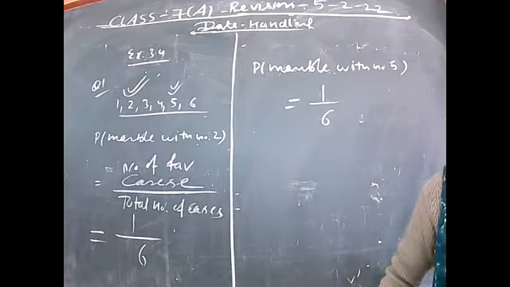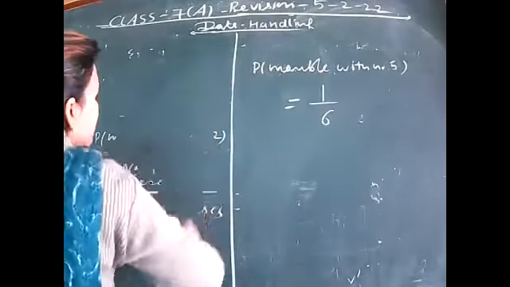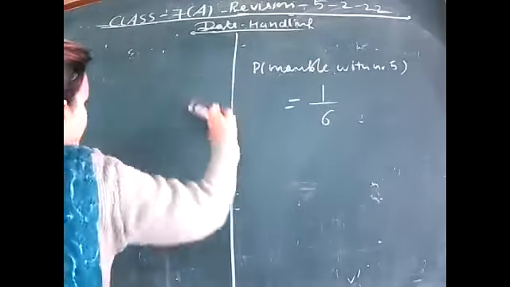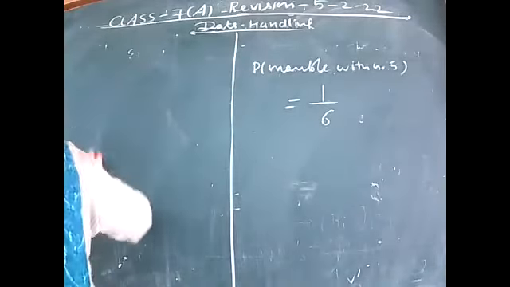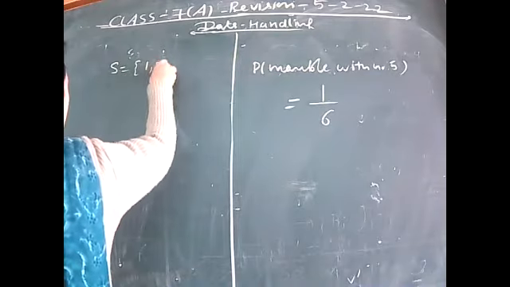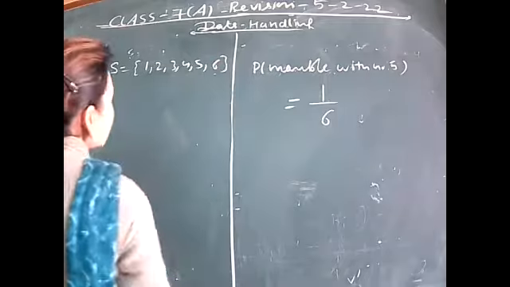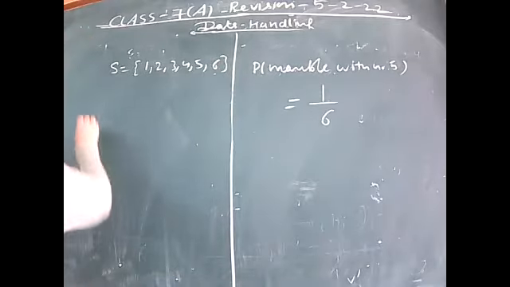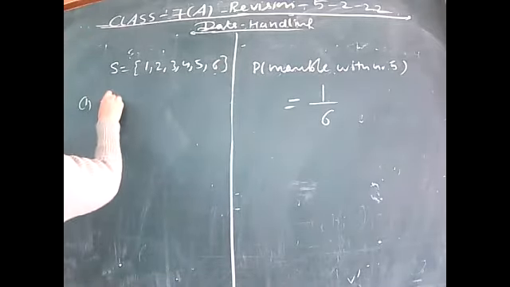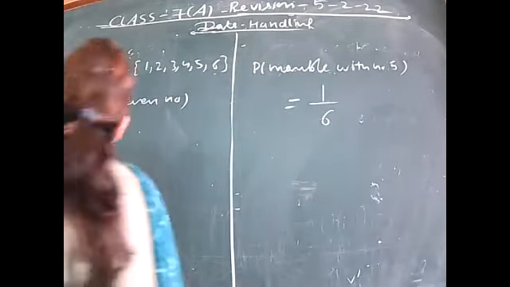Let us do some questions with sample space of dice. First, find the probability of getting even number when a dice is thrown.